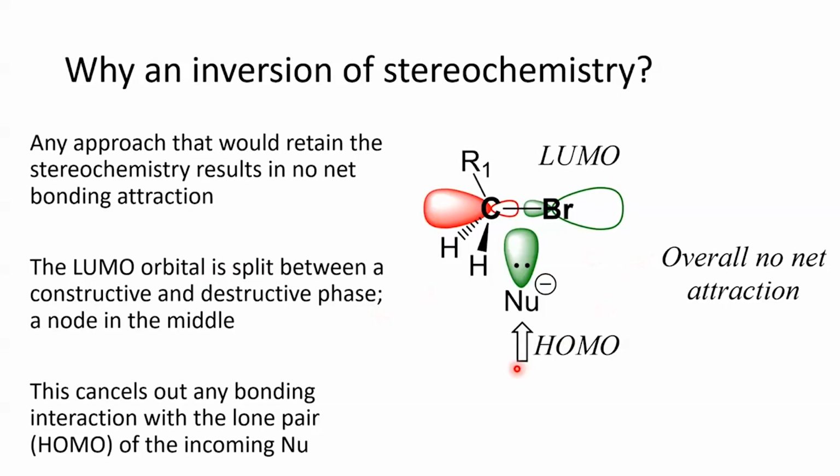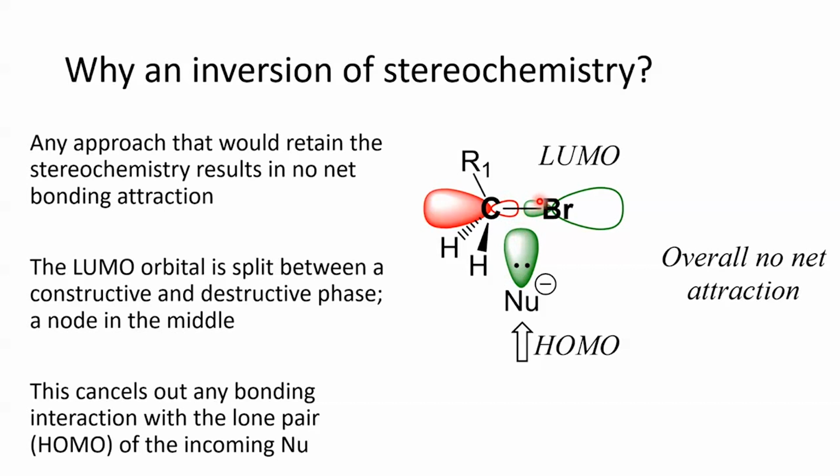So you might think, well, why can't the nucleophile come in from a different angle? If we've drawn out our anti-bonding sigma bond orbitals, shown here, we can see that there is a region of, let's say, negative and positive. If the nucleophile was to approach from below, which would preserve the stereochemistry on the carbon, any stabilization that might occur between matching wave function is going to be negated by the equal amount of mismatched wave function there.